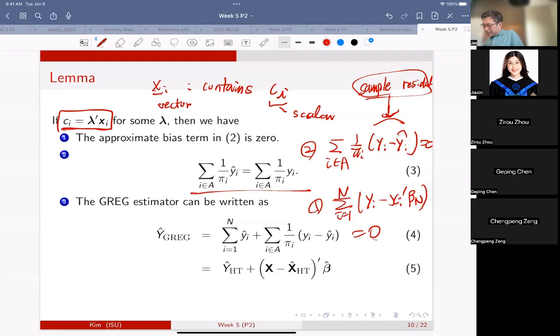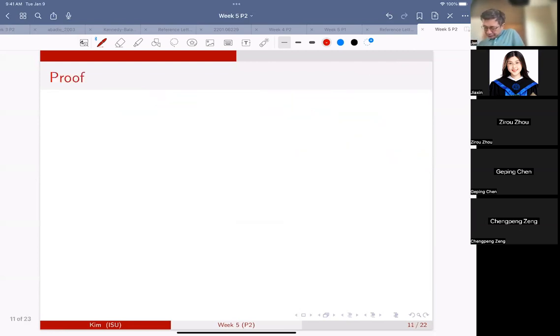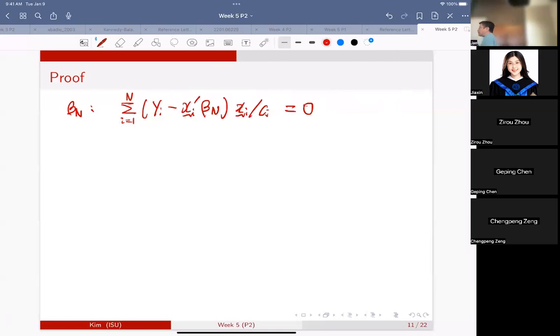Okay, so let's prove it. What is the definition of beta_n? Beta_n satisfies this, which is essentially the defining equation for beta_n.